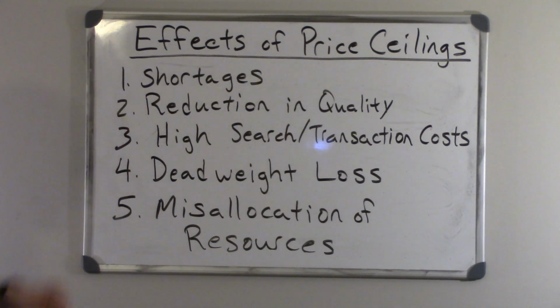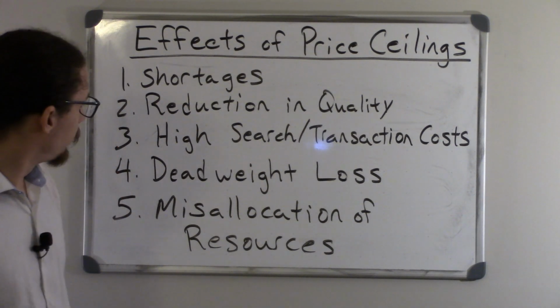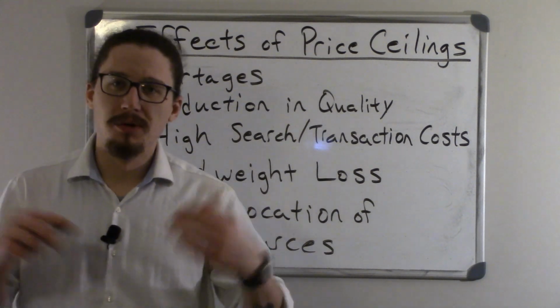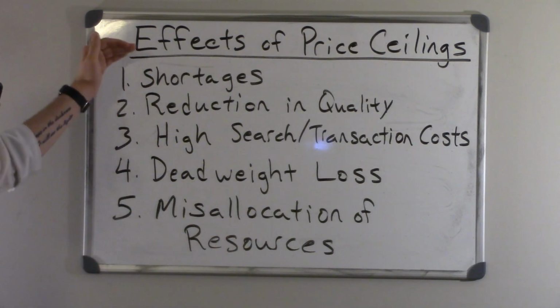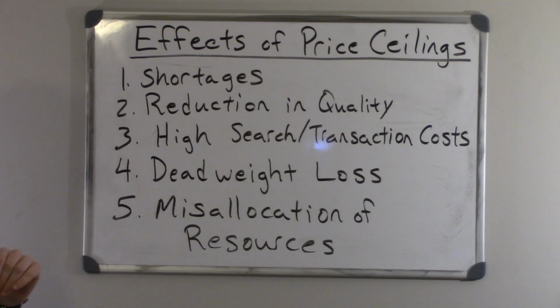All right, so the first effect that we're going to have are shortages. Actually, I'm just going to read these and then we'll go through them. There's no point in me synopsizing them when we're about to go through them. All right, so the first effect are shortages. Then the second effect is a reduction in the quality of the product that has the price ceiling on it.